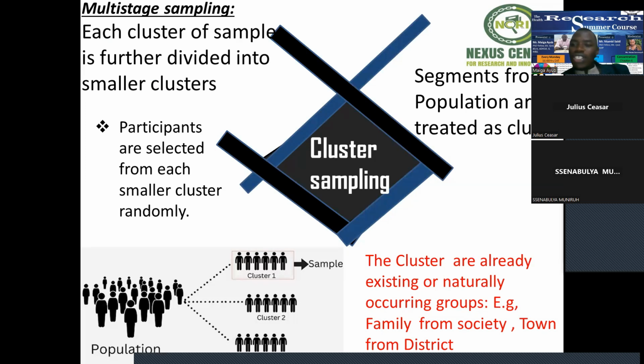Nakaloke, Namanyoni, okay? Or let me give an example of Kampala. You stratify the city, okay? The city of Kampala is going to be stratified. So your clusters are going to be Machindi, Mengo, Katwe, Mulago, okay?